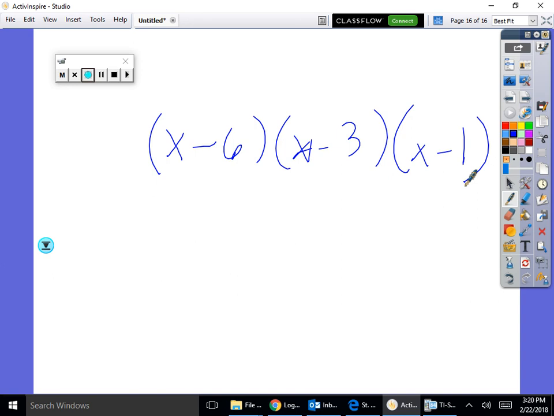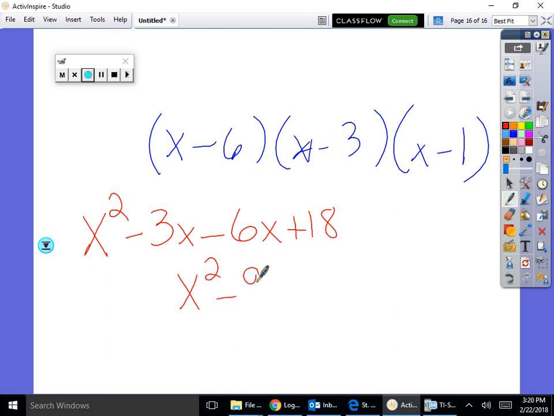What can I do? Binomial times binomial. FOIL. So let's go ahead and do FOIL. Talk me through it. X times x. X squared, x times negative 3. Negative 3x. Negative 6 times x. Negative 6x. Negative 3 times negative 6. 18. So now I have x squared minus 9x plus 18. Yes?